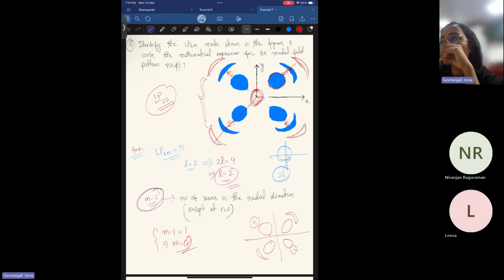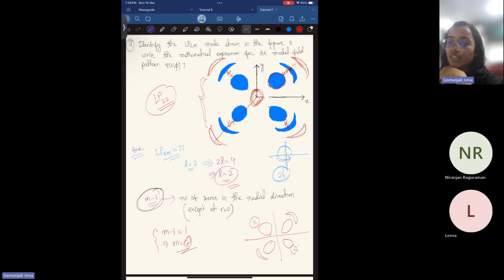The perfect answer is that these are solutions of Maxwell's equations inside the optical fiber, so in most cases we will find symmetric modes only. Let me see whether there is a case where we have an antisymmetric mode profile. If there is, I will let you know in the next session.